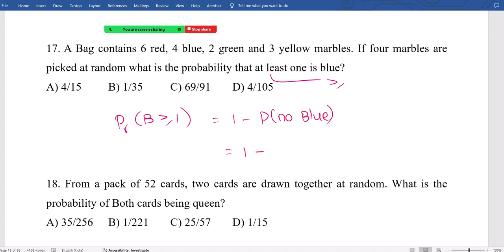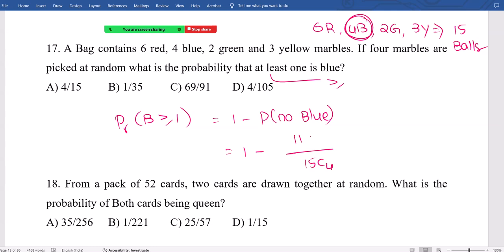1 minus failure. Total 15 balls are there. 6 red, 4 blue, 2 green, 3 yellow. We have 15 balls. You have to select 4 from that. So 15C4. Now you don't want blue, means still 11 is there. Among 11 you have to select 4.